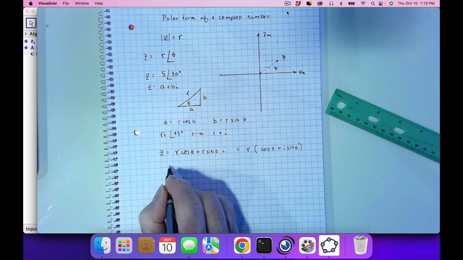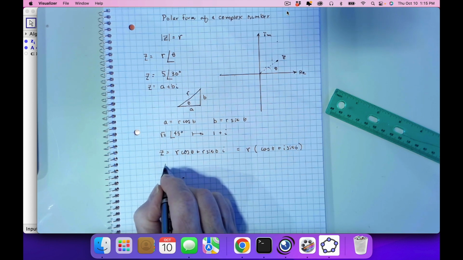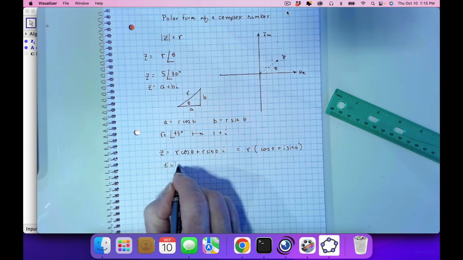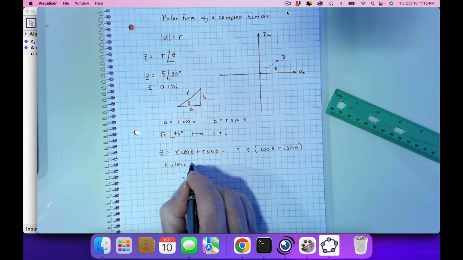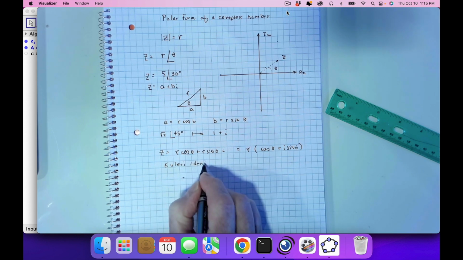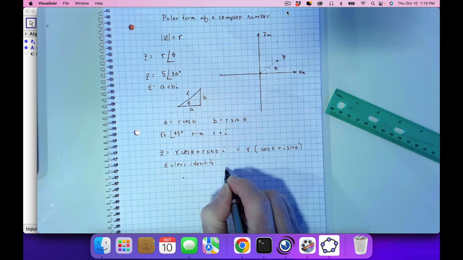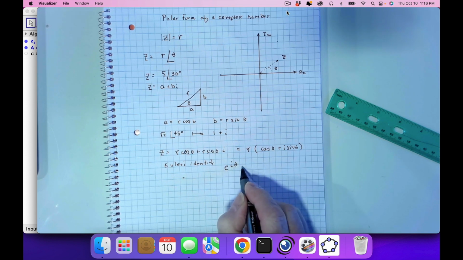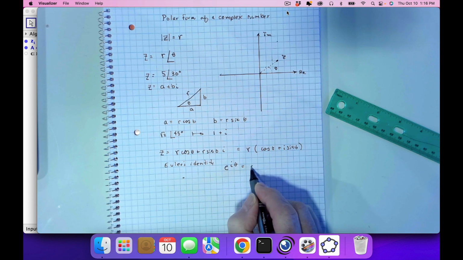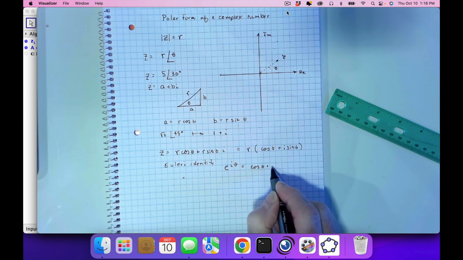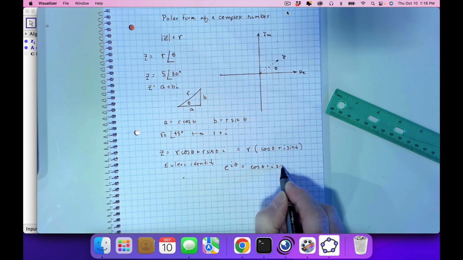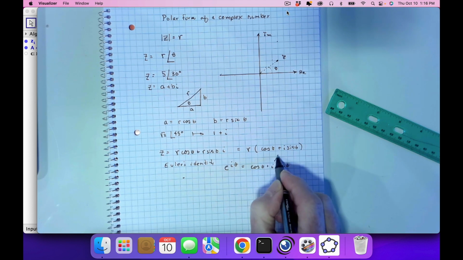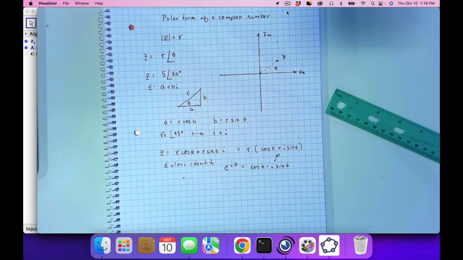Now, if we recall Euler's identity, which says e to the i theta, so this is a complex exponential, is equal to cosine theta plus i sine theta, and we recognize that.